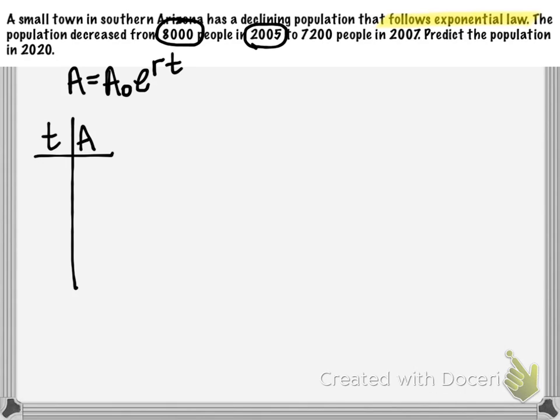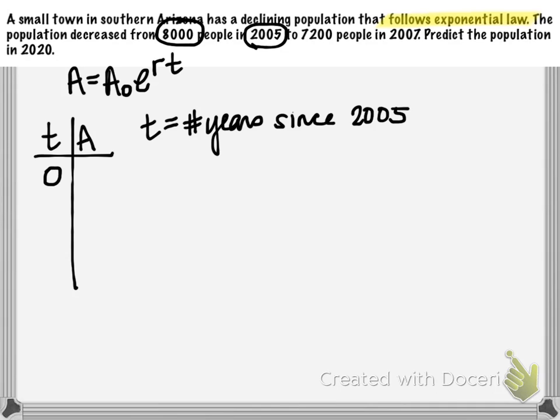Rather than entering a time value of 2005, I'm going to redefine my variable t, and let t equal the number of years since the year 2005, because then that's going to allow me to use a time value of 0. And we know there were 8,000 people in that year.